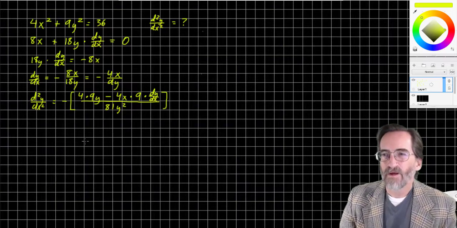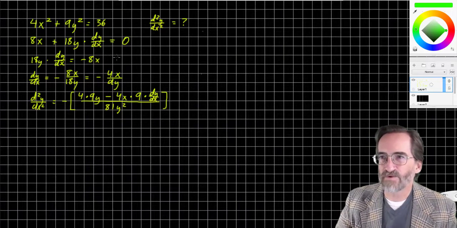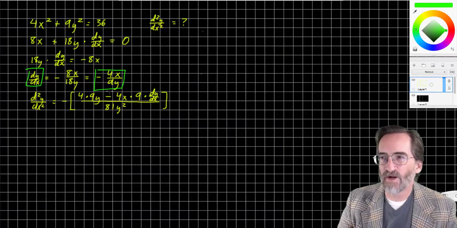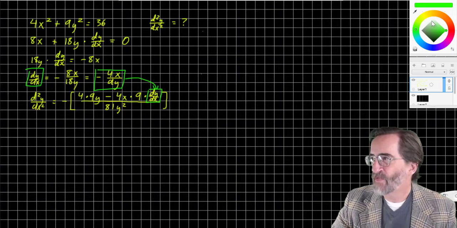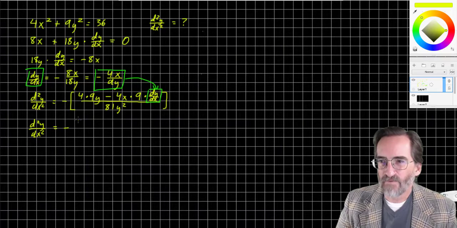Now here's one step that can be a little bit confusing here. I solved for dy dx earlier, and I found that it was negative 4x over 9y. Here's the dy dx. I can substitute that right here. So let's go ahead and do that. So d squared y dx squared equals negative, and I'm going to distribute the negative in.